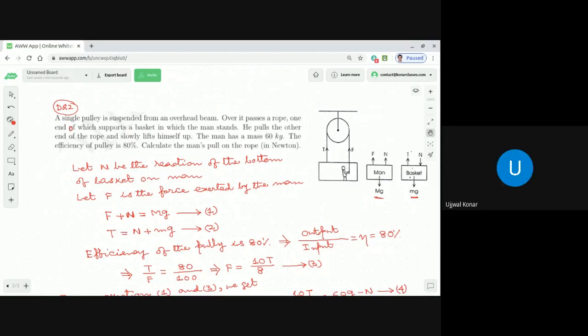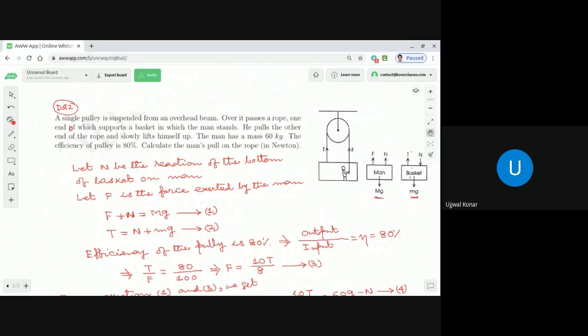But most importantly, dear students, what is important here is to understand how, from the word problem, we can make a free body diagram. When you take the fundamental principle of free body diagram, when you take only one object, we just concentrate on the forces acting on that particular object and do not concentrate on the others.